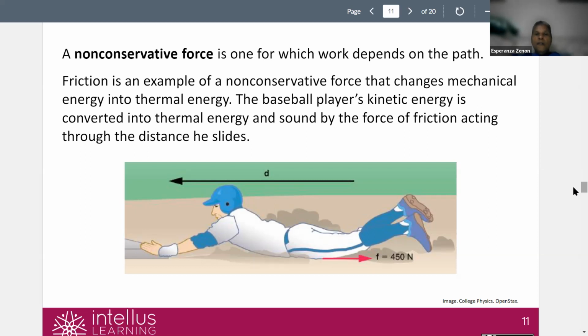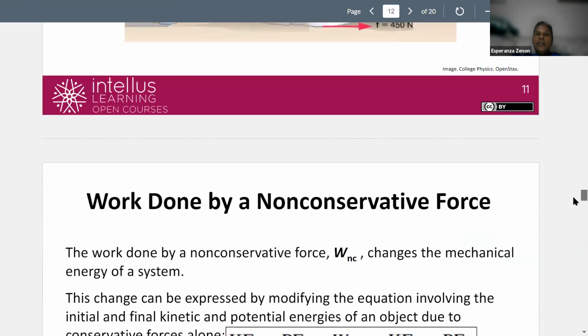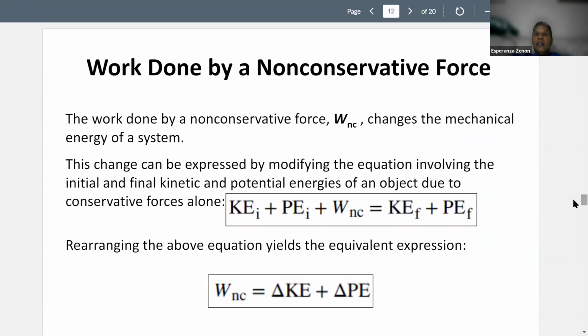If part of the kinetic energy is converted into thermal energy, then that means some of the energy in the system is going to be lost, because friction is what we call a dissipative force, meaning you generate heat and that heat energy is lost to the system. So energy won't be conserved. Anytime you deal with friction, you're dealing with a non-conservative system, and so energy is going to be lost.